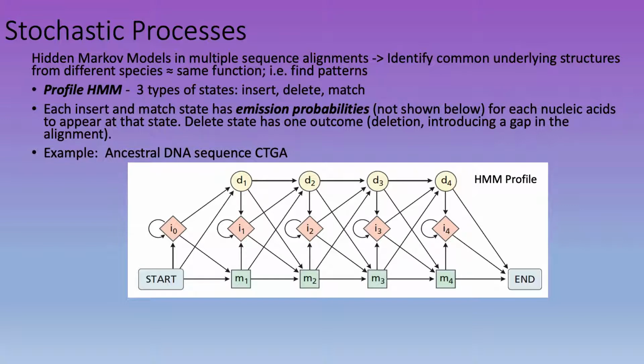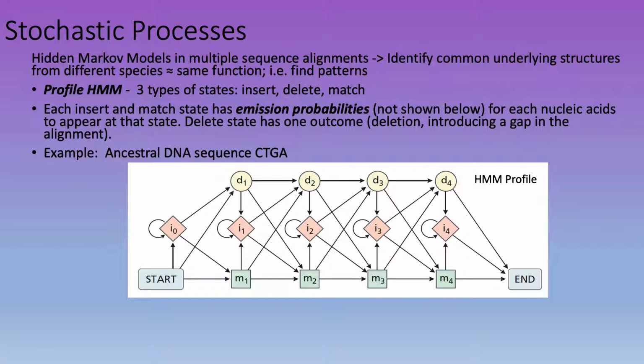So the kind of profile that we're going to be looking for here is going to be defined by 3 states. We're going to have an insertion, deletion, or match in this case. Those are the states that we're going to be looking for. And each insertion and match state has an emission probability for each nucleotide identity that we might see.